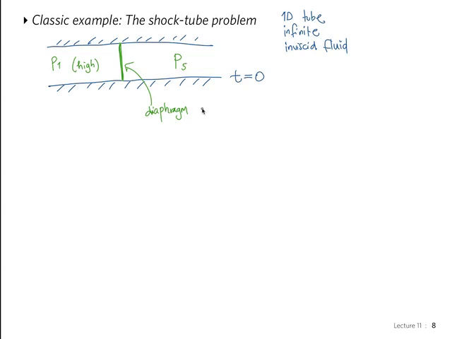And so suppose that at time equals 0, this diaphragm is instantaneously removed. And this, because of the pressure imbalance between the two sides, causes immediately a one-dimensional unsteady flow consisting of a steadily moving shock.